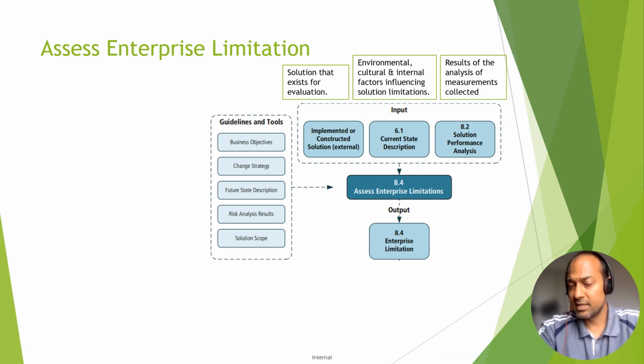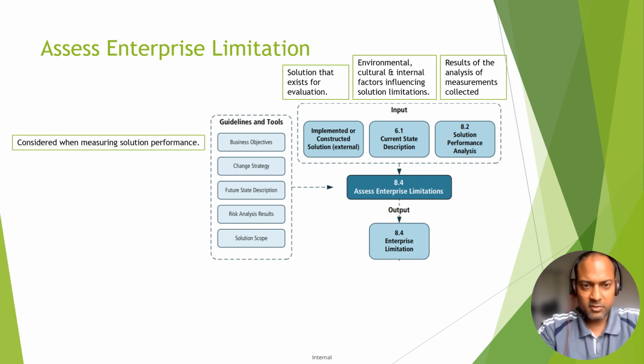Then we have some data collected from the analyze performance measures, the second activity of this knowledge area. From there we are getting some data collected, right? So results of the analysis of the measurements collected. And then we have the guidelines that also act as an input. So the business objective is also considered when measuring solution performance.